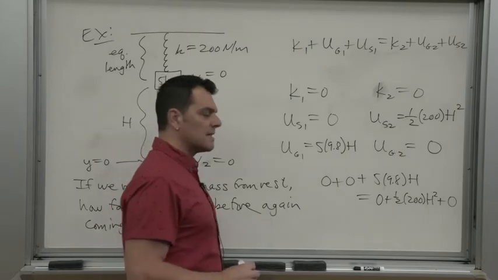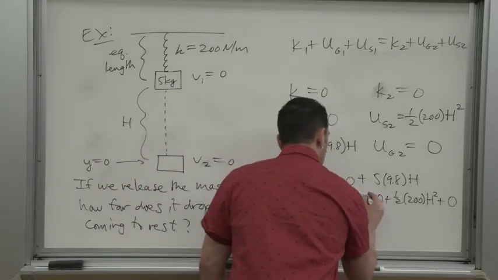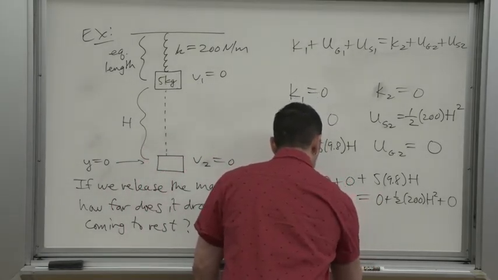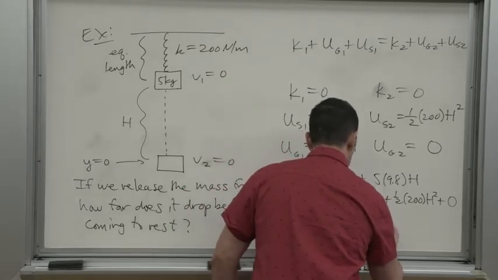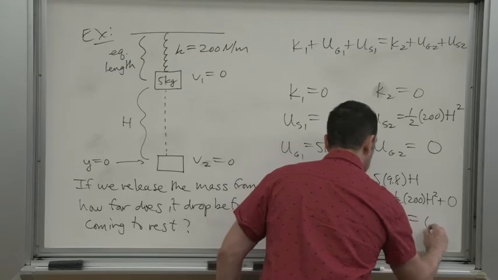So simplifying this, I get 5 times 9.8 is 49h minus 100h squared is equal to 0.